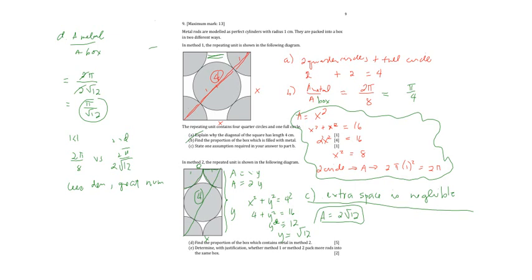But we have to compare: 2 square root of 12 is less than 8.